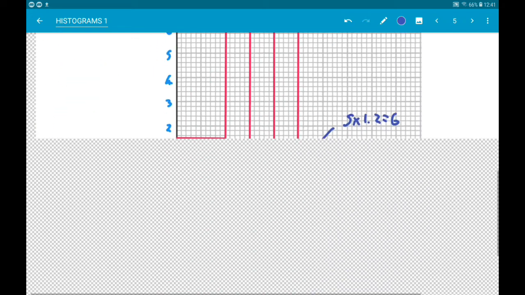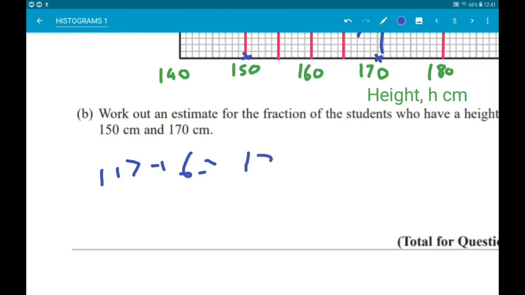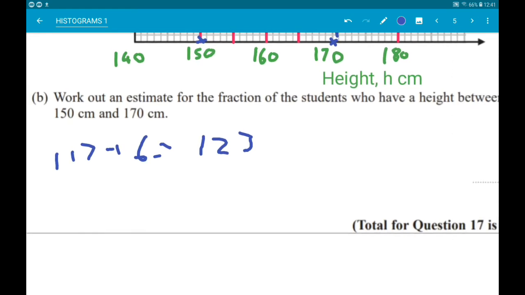So we're doing 117 add 6, which is 123. So our fraction is 123 out of 150.